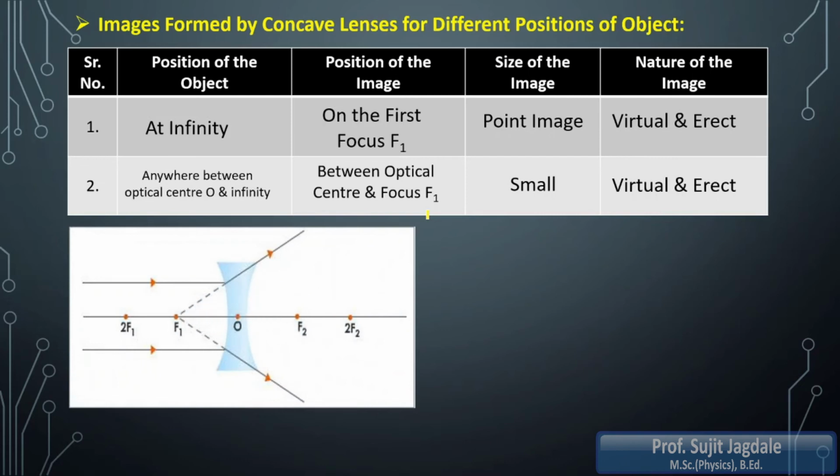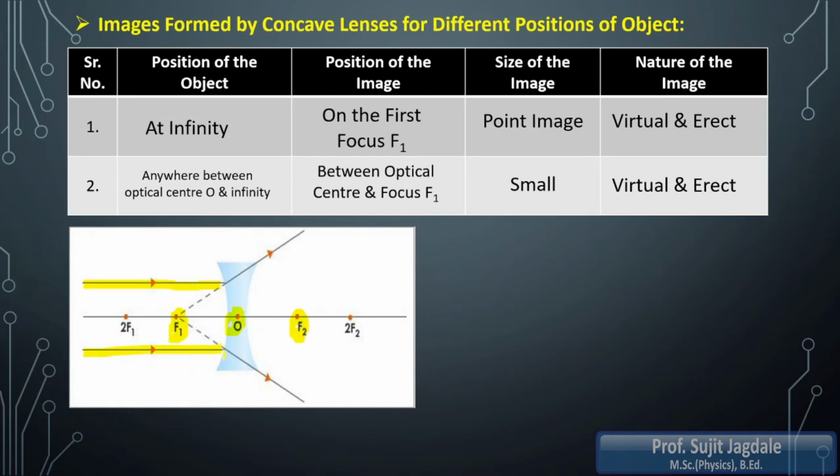And here we can see the ray diagram for that. So here two focuses are there, f1 which is the first focus, f2 which is the second focus, and O is our optical center. If objects are placed at infinity, then rays are coming parallel to the principal axis.